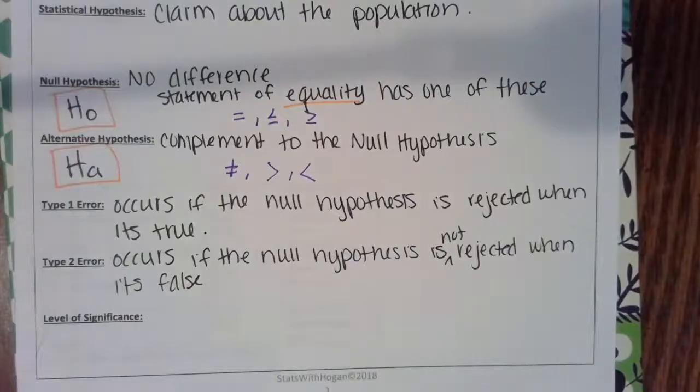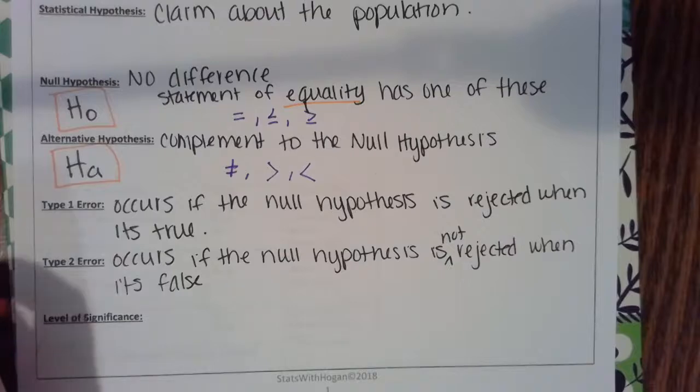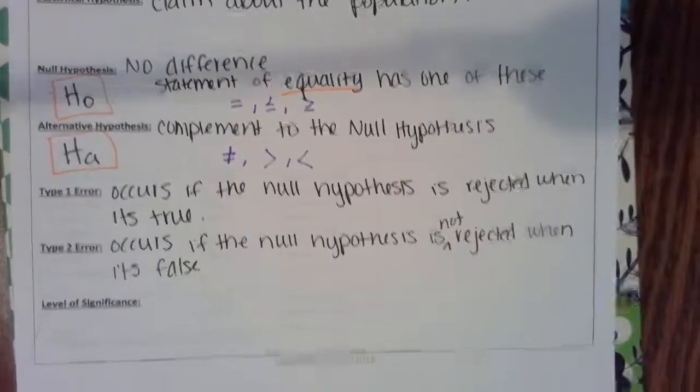So if I said, I don't know, third period has 17 people, if that was my null hypothesis, and it is not true, but I take it anyways and I say this is true, but it wasn't in the beginning, then that is a type 2 error. We'll get into a little bit more of those with a couple more examples.